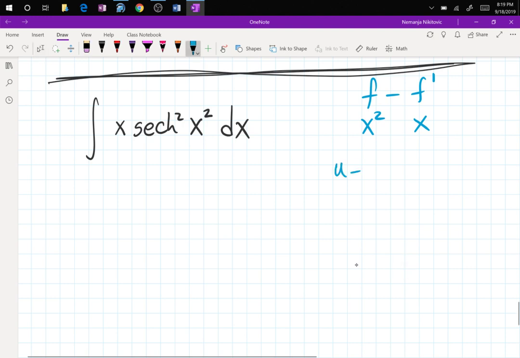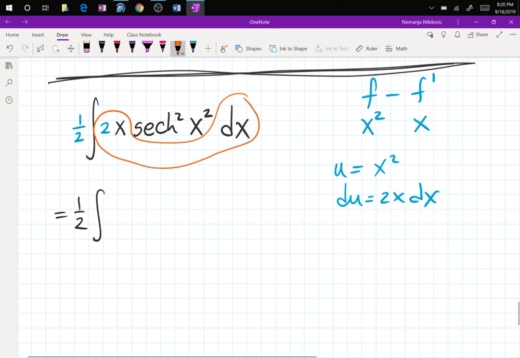So u is always the function, which is in this case x squared. du is 2x dx. I don't have 2x, so I have to fix that, and that is where that 1/2 spawned. So now I have 1/2 integral, and this 2x dx is du, and the sech squared of u, because x squared is u.